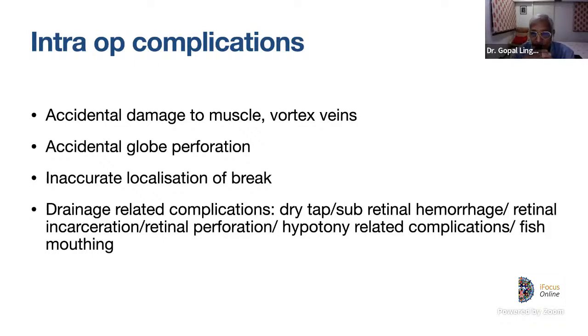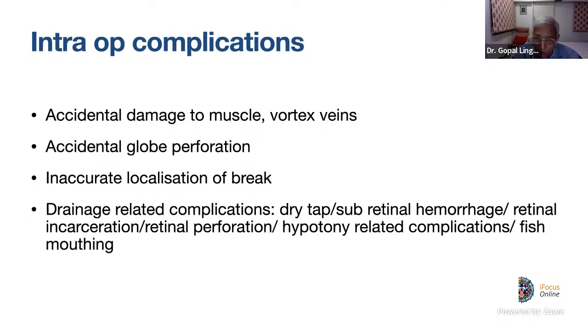Drainage-related complications can be a dry tap if you chose the wrong location, because for drainage, you need to locate where to drain. The ideal location is where the fluid is maximum. But given an opportunity to locate wherever we want, you would like to choose a site away from the vortex veins. So near the horizontal meridians is better rather than near the vertical meridians, because the vortex veins are closer to the superior rectus and inferior rectus.